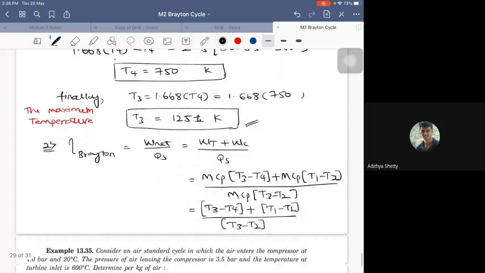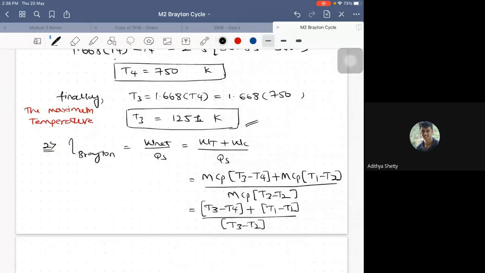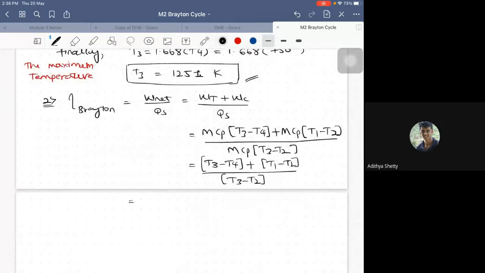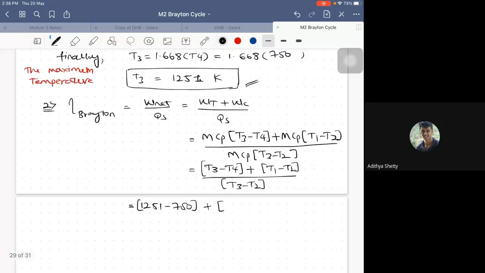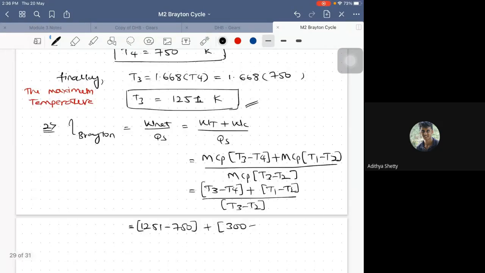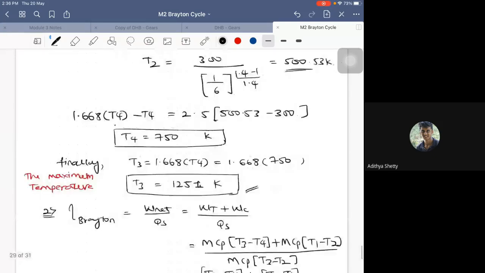Substitute all the values and give me the value. T3 is 1251 minus T4 is 750. Plus T1 is 300 minus T2 is 500, divided by T3 is 1251 minus T2, which is 500.